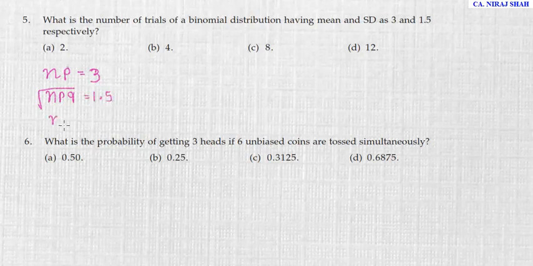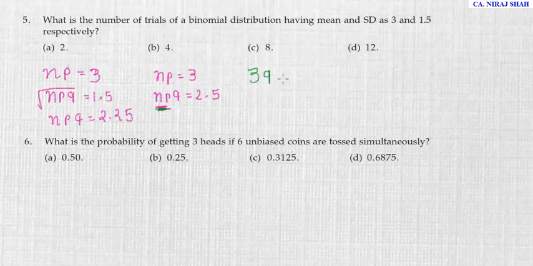So if the standard deviation is 1.5, then naturally the variance npq will be 2.25. Now, np is equal to 3 and npq is equal to 2.25. What we can do is replace this np by the number 3 here.